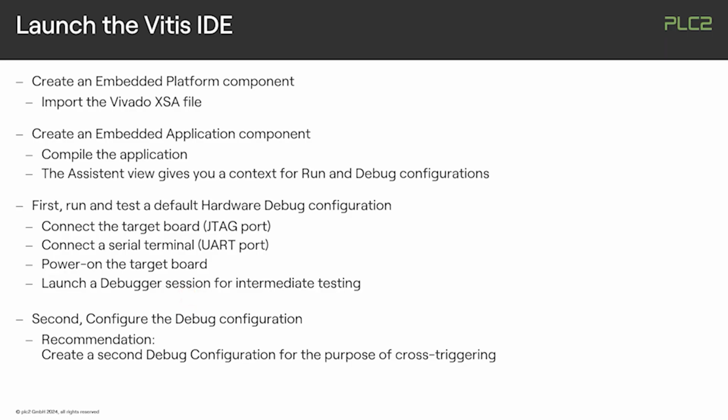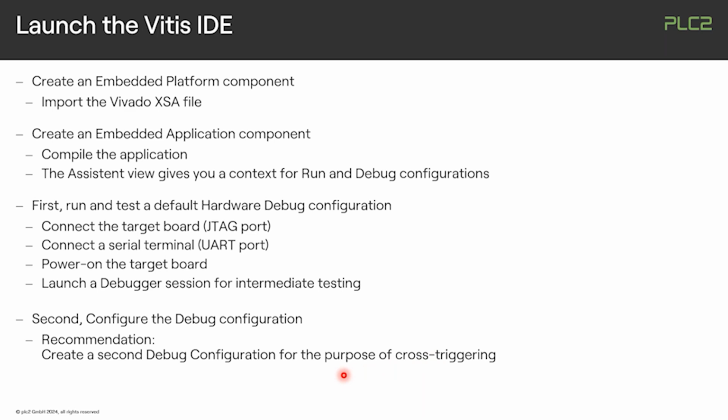So first of all, we make the system run, we test this essentially, but secondly, we can then have a look to change the debug configuration, as we see that there is an option for cross-triggering, yet disabled. And therefore, we can enable this, but we see a lot of options in that context.